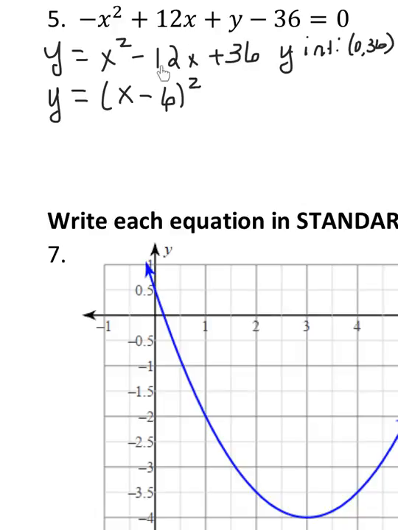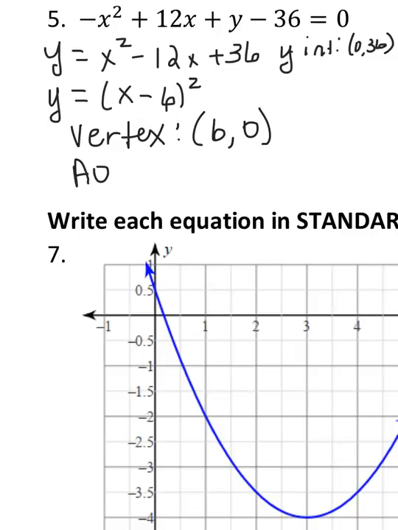All right, so this is a perfect square. This is my vertex form. My k is going to be 0. So my vertex is going to be (6, 0). All right, so the axis of symmetry is always the same value as the x value of your vertex.